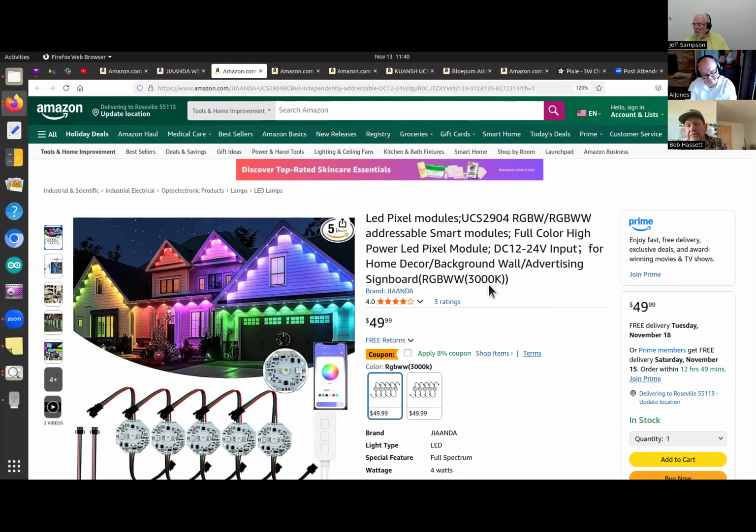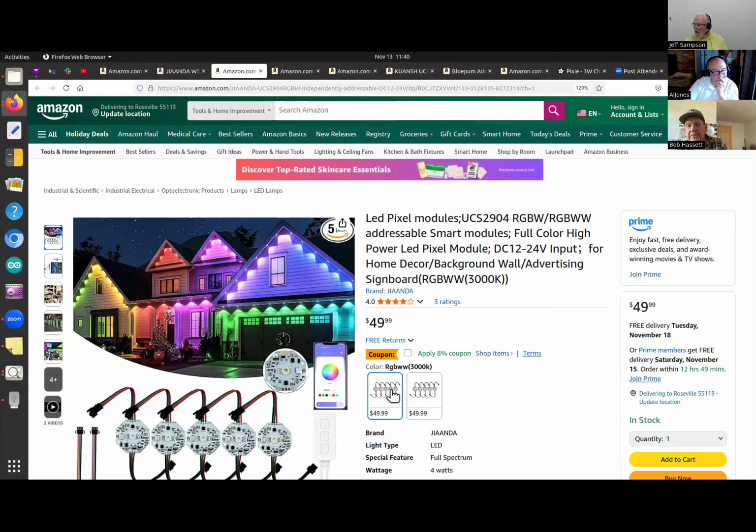So you can pick the color temperature you want. Down here, if we look at the little selection, it says RGBW 3000 Kelvin, and this one says RGBW 6500 Kelvin. So these are a nice bright white, and these are more of a yellowish white.